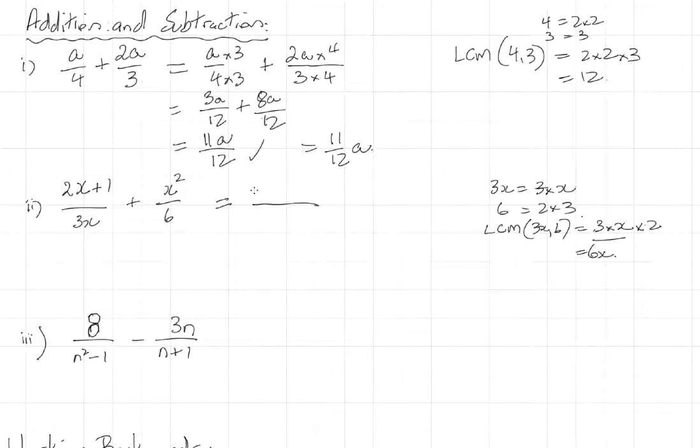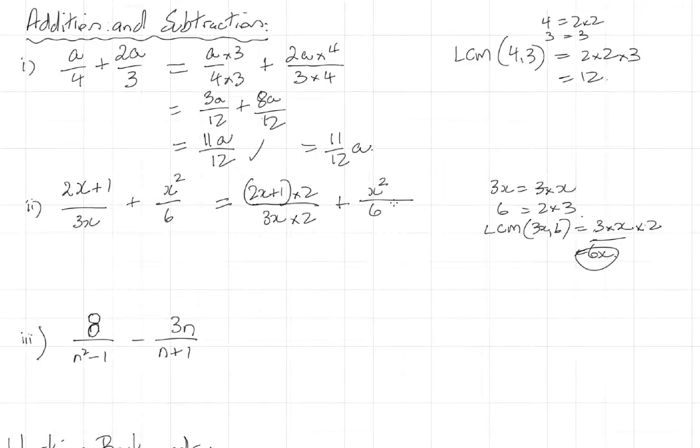So we write out 2x plus 1. Probably a good idea to put this in brackets because we're going to be multiplying by something here. And we've got 3x. Now we want to make it into 6x, so all we've got to do is multiply by 2. If we do that to the bottom, we've got to do that to the top. Plus, we've got x squared over 6.